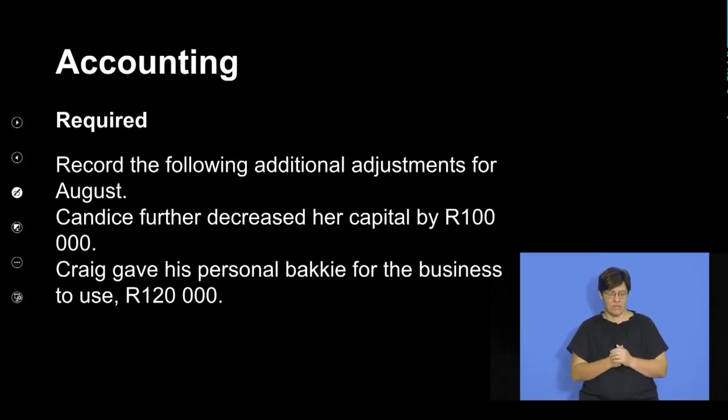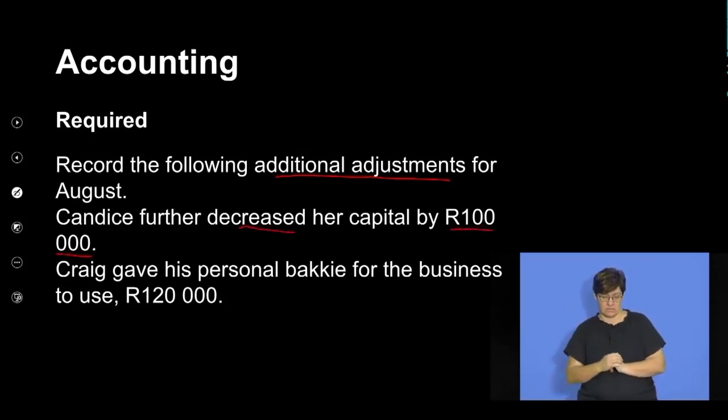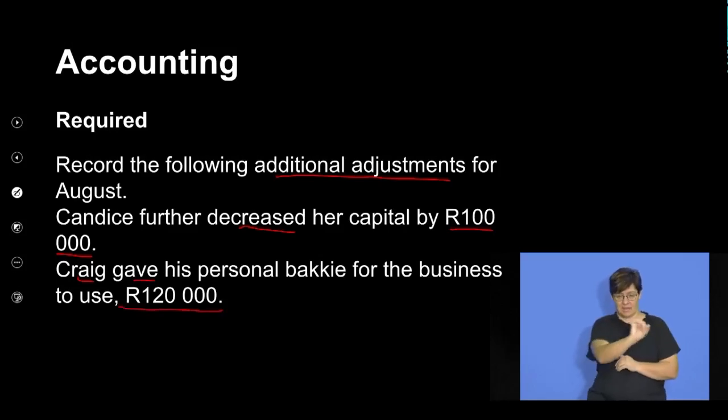Required, record the following additional adjustments for the month of August. Candace further decreased her capital by 100,000. And then Craig gave his personal bakkie to the business to use, and the cost of that bakkie is an amount of 120,000.